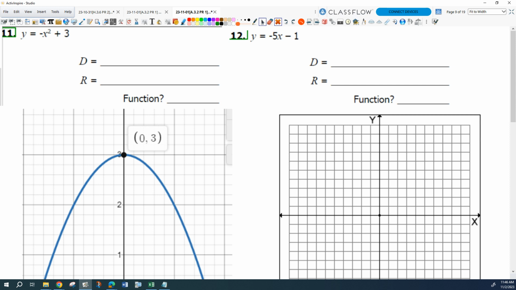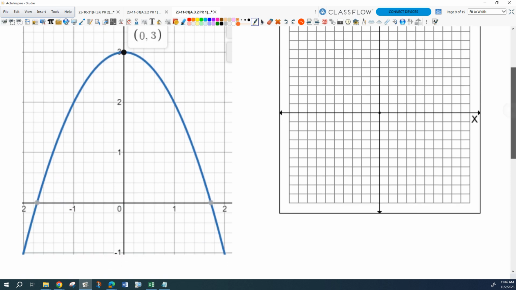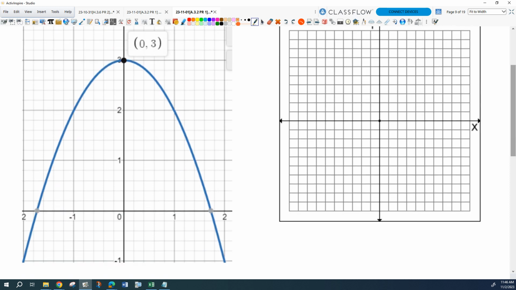So based on that graph, what's my domain? What are the x values included? -infinity to infinity. The graph doesn't stop there, does it? Everybody get that?